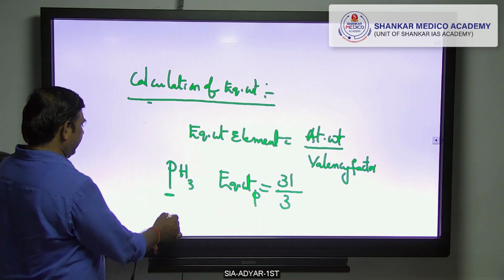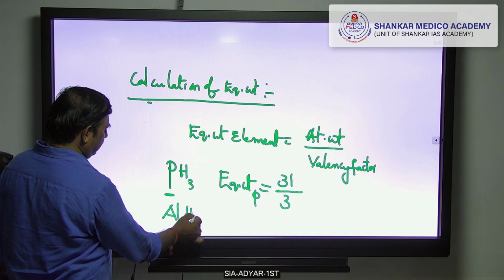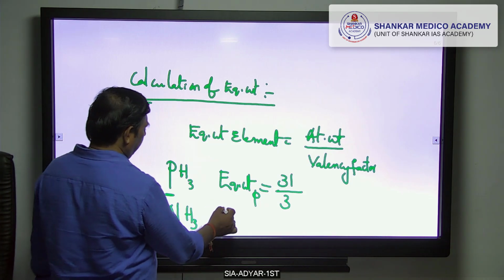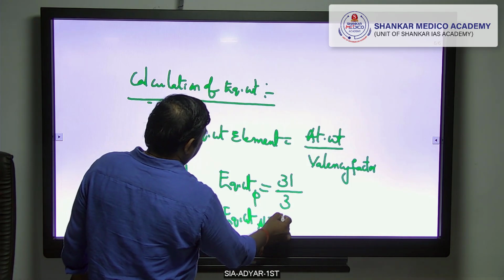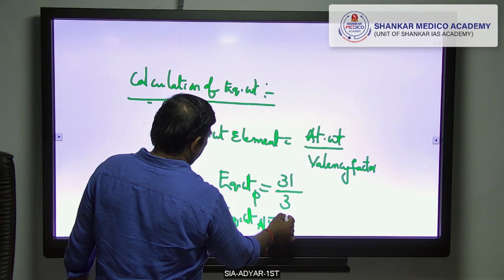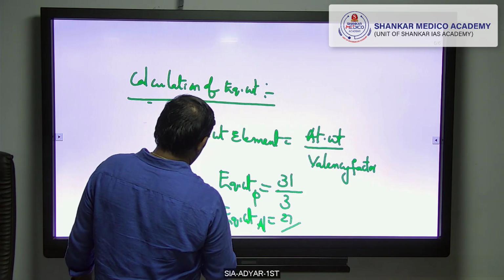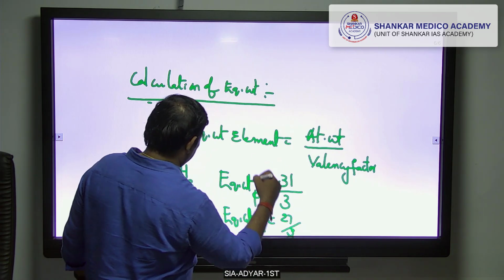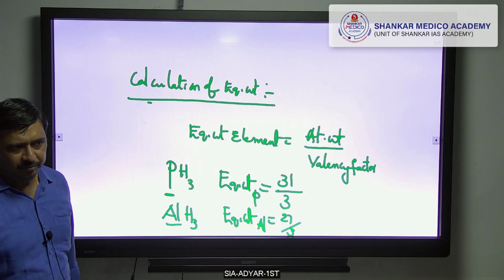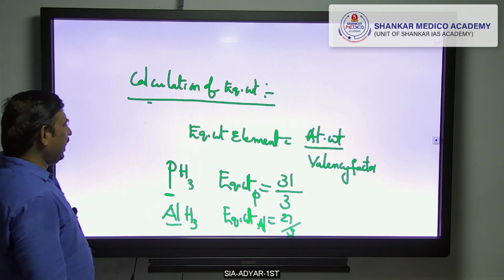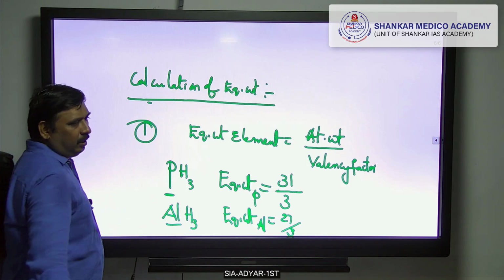Suppose you take aluminium hydride. What is the equivalent weight of aluminium? Equivalent weight of aluminium is equal to the atomic weight of aluminium, which is 27, upon the valency factor or n factor, which is 3. So that is 27 upon 3. This is the calculation of equivalent weight of an element.